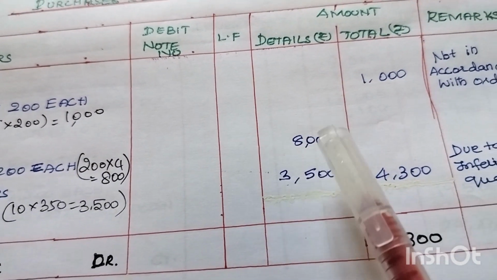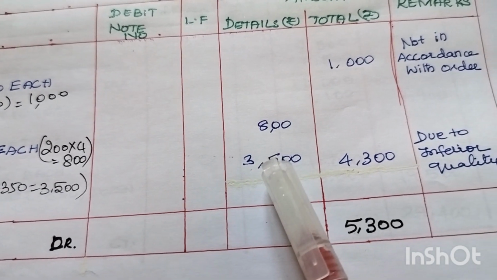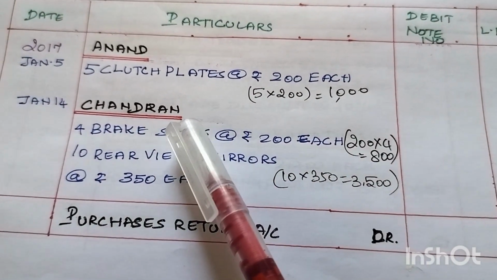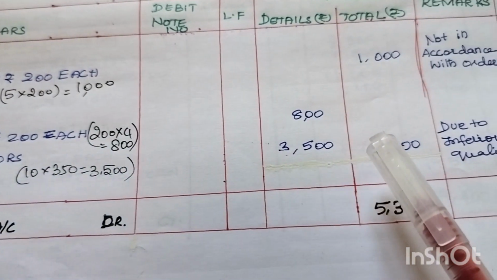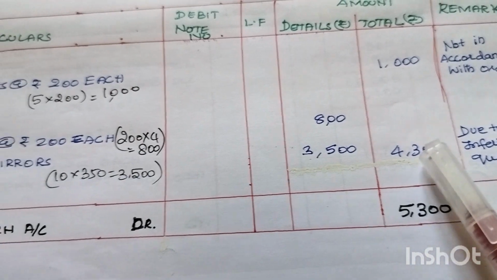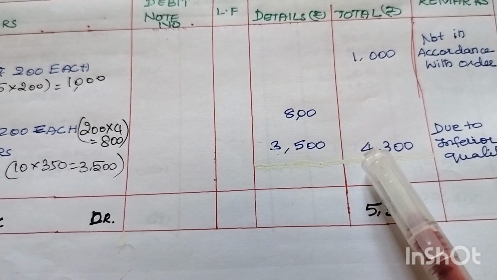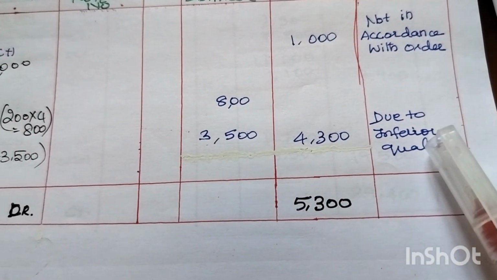Then finally you add 800 plus 3500. The total amount you returned to Chandran, the worth of the goods is 4300. Okay, you enter that amount into the total column. What is the remarks? Due to inferior quality.